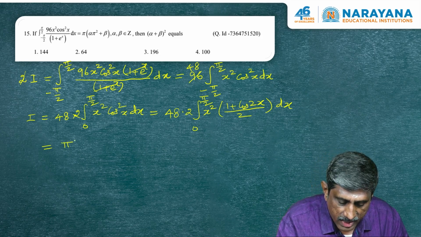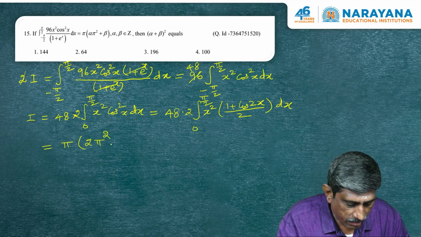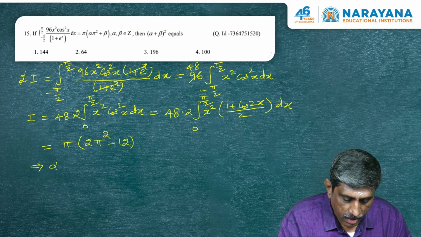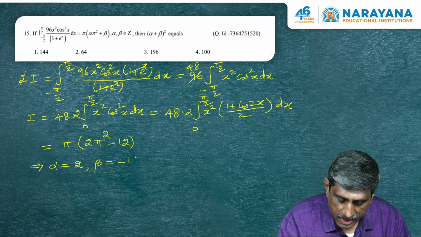On simplification we are getting pi into 2 pi square minus 12 as the answer finally. So, we are going to get alpha is equal to 2 and beta is equal to minus 12.